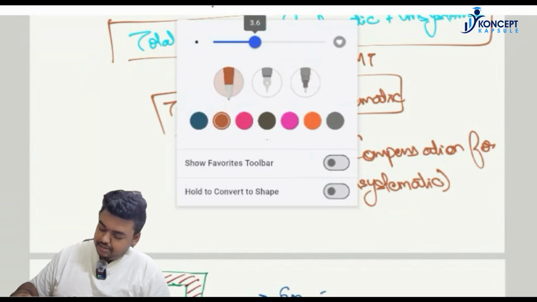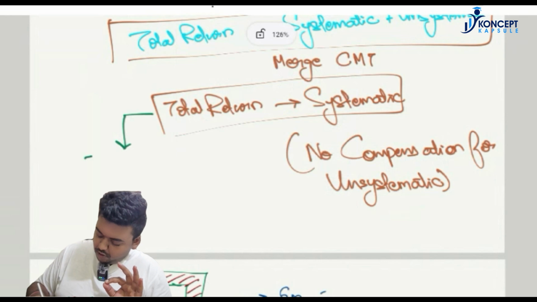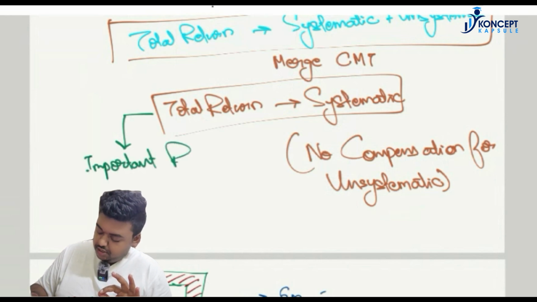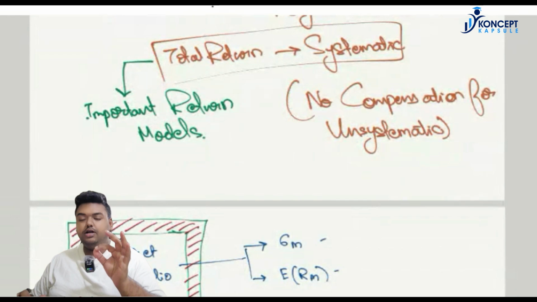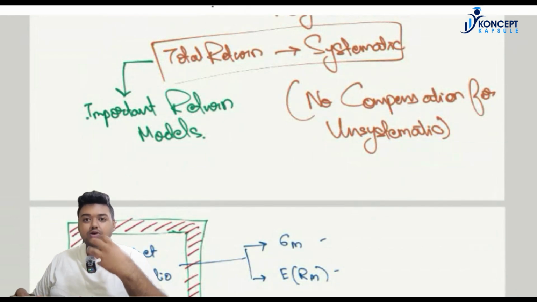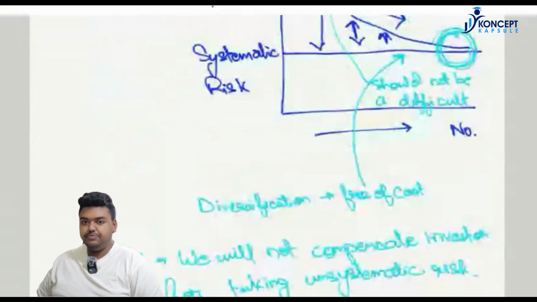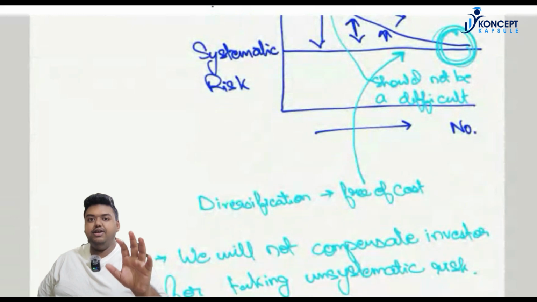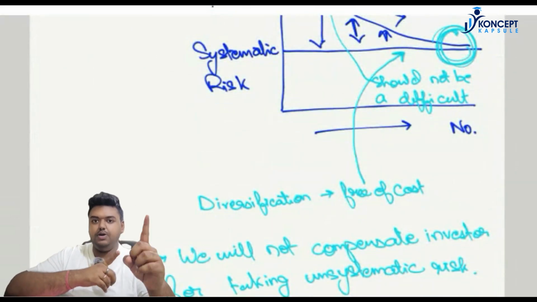Having this concept understood, there are important return models based on it, where we will calculate the expected return of a portfolio based on just systematic risk. Are we clear? In the earlier chapter we have seen return measures where return is based on total risk. Point number one.